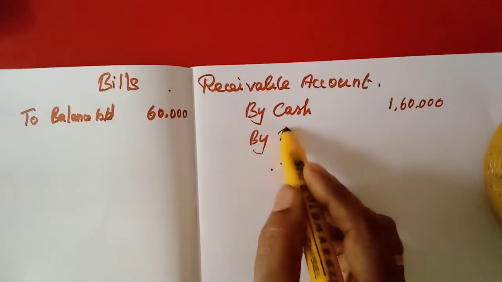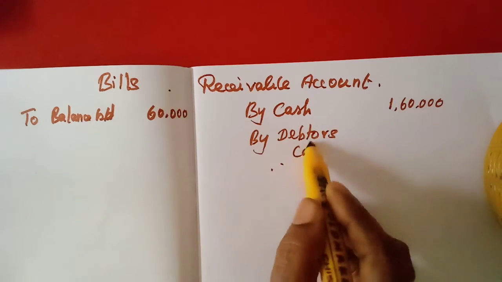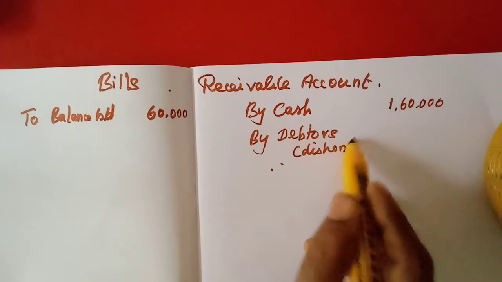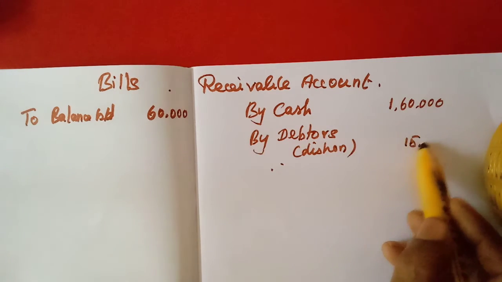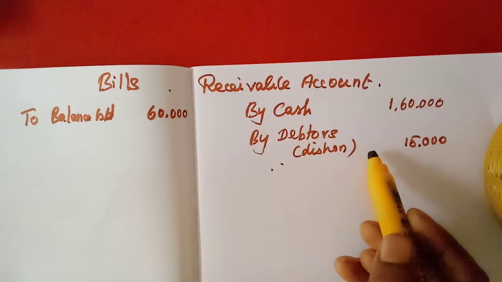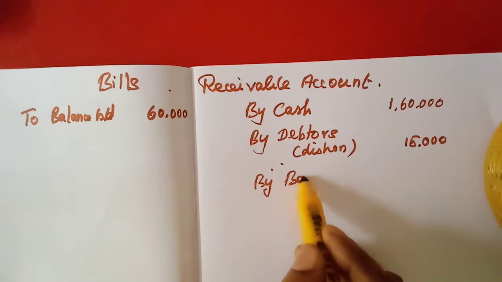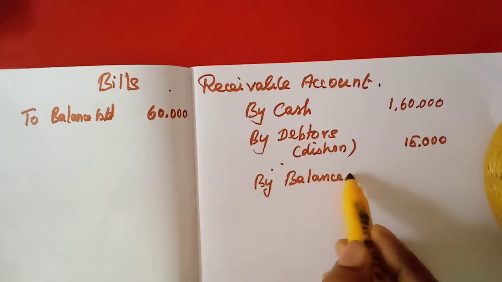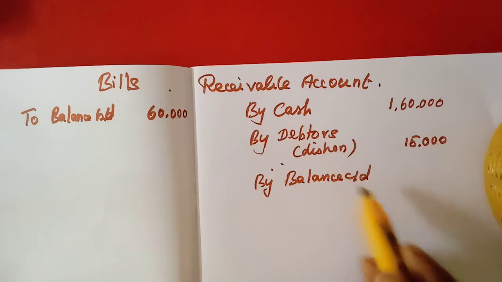So by debtors account, here dishonor, you write, 15,000. Then return inward will not come. Then bills receivable closing, by balance carry down, bills receivable closing 90,000.